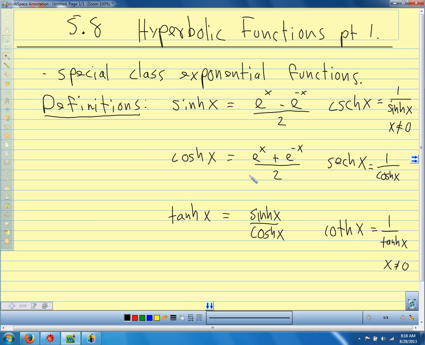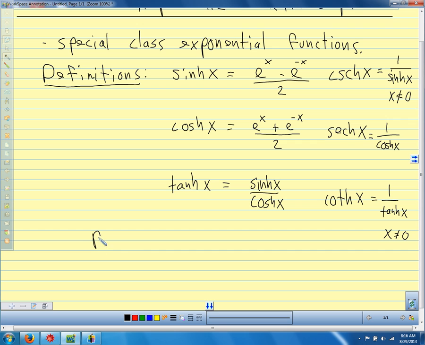I'm not going to graph all of these functions. You can find graphs of them in your book on page 384. So on page 384, you'll see graphs of these hyperbolic trig functions.